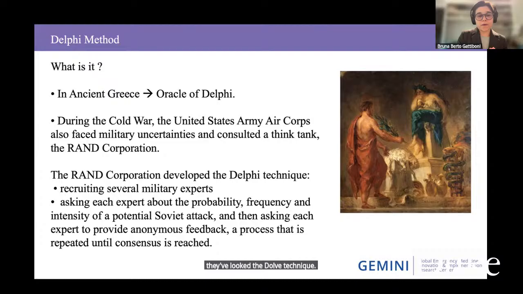They recruited several military experts, asking each expert about the probability, the frequency, and the intensity of a potential Soviet attack, and then asked each expert to provide anonymous feedback, in a process that is repeated until consensus is reached.